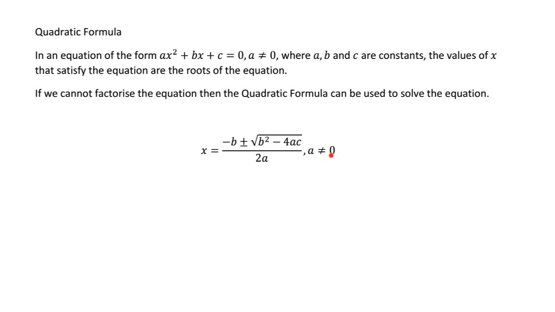That's what that wee part means. You'll find the quadratic formula in the formula list at the front of an exam paper or a test paper, so you're not required to remember it, but just like trig formulas, if you can remember it, it'll probably make you a bit more confident.